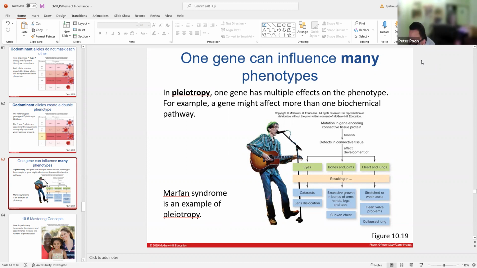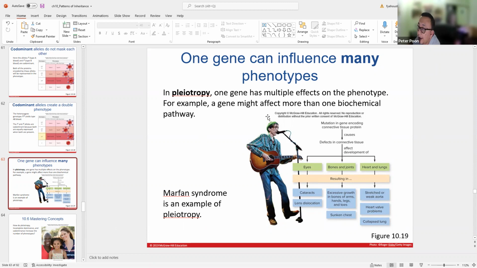Therefore, if you have a mutation in connective tissue, then you will have major issues everywhere. This is called Marfan syndrome. You have problems with your eyes, your bones and joints, your blood vessels. Everywhere. One gene, many phenotypes.